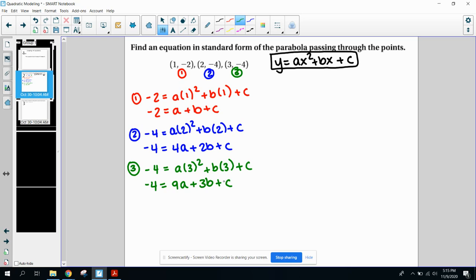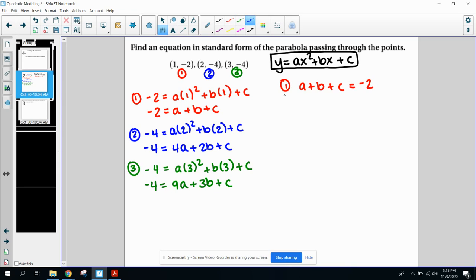And then plus c. So all I'm going to do right now is just rewrite these equations in the corner just to have them in a way that we're used to seeing. So when we look at systems of equations, we're used to seeing the equation on one side and then equaling the number on the right-hand side. So I'm going to make the first equation just a plus b plus c is equal to -2.